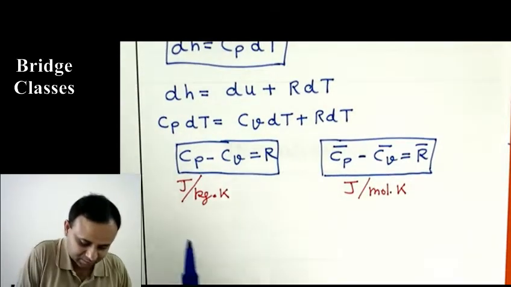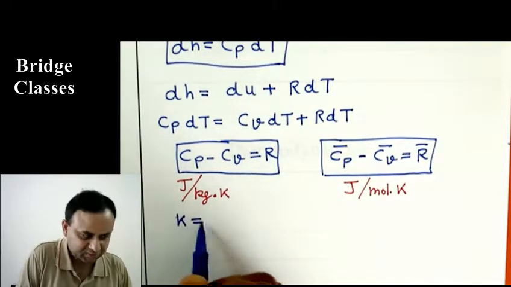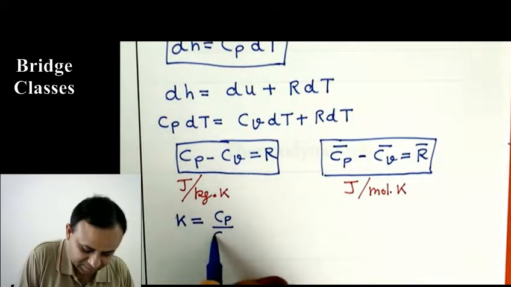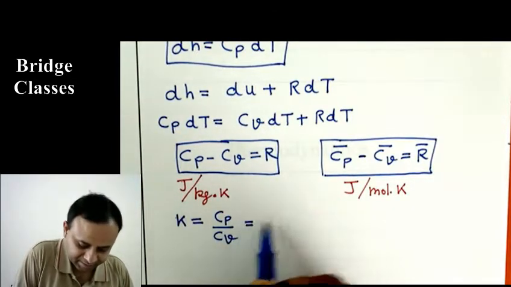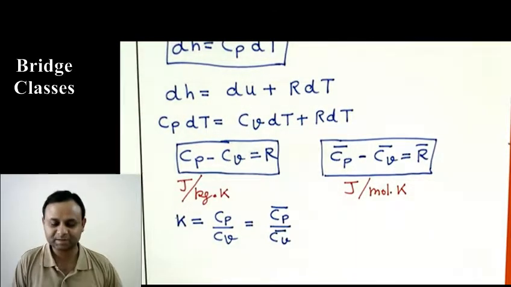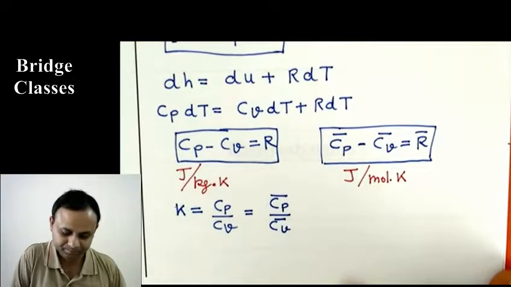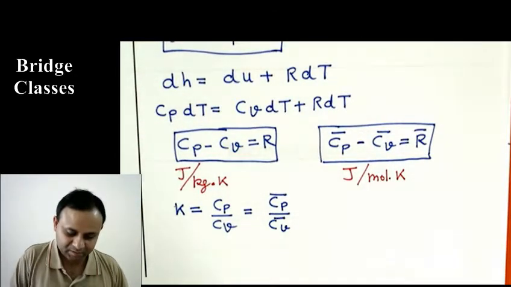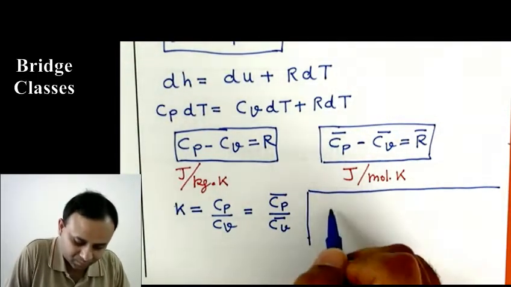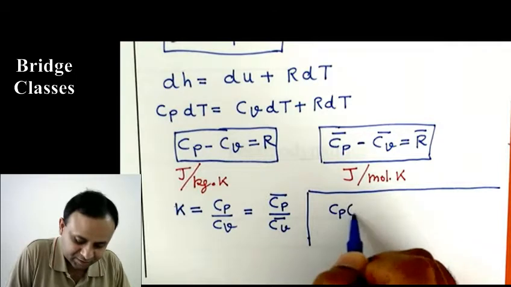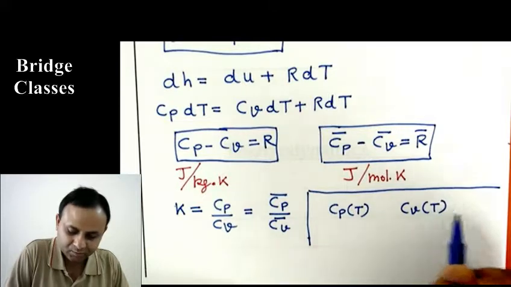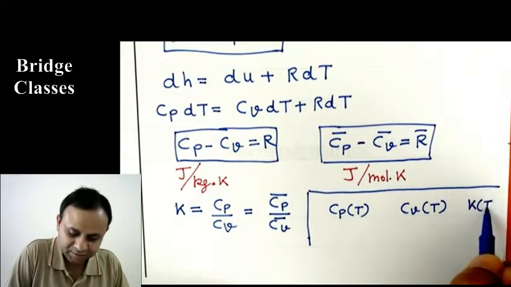We also have this K, that is the ratio of specific heats, and it is defined as Cp over Cv, or you can write as Cp bar over Cv bar. Means the same thing, you'll get the same ratio, that is K. Because Cp is a function of temperature only, Cv is also a function of temperature only, this K is also a function of temperature.